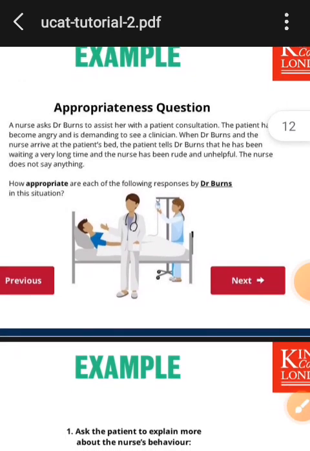Here we have a nurse who asks Dr. Barnes to assist her with a patient consultation. The patient has become angry and is demanding to see a clinician. When Dr. Barnes and the nurse arrive at the patient's bed, the patient tells Dr. Barnes that he has been waiting a very long time, and the nurse has been rude and unhelpful.